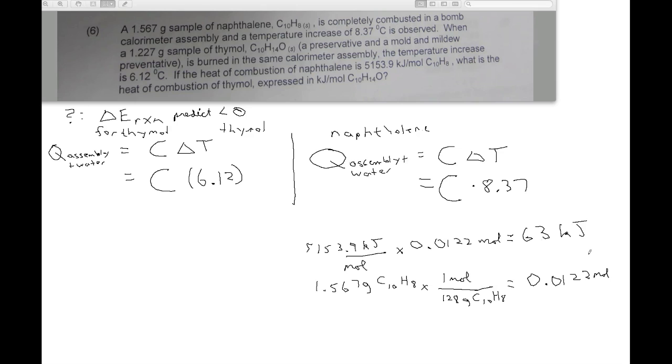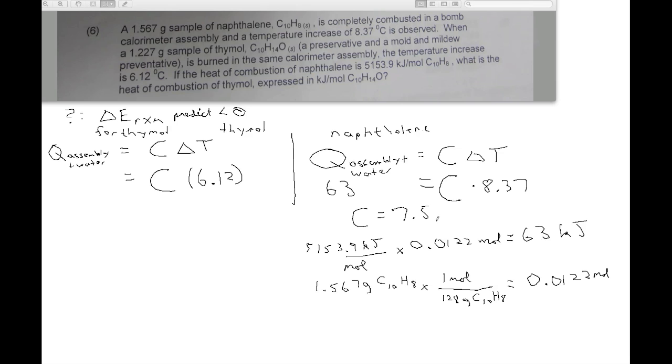Well, now since 63.1 is equal to capital C times 8.37, we can divide by 8.37, divide by 8.37. And then that means that the heat capacity for the calorimeter is equal to 7.54 kilojoules.